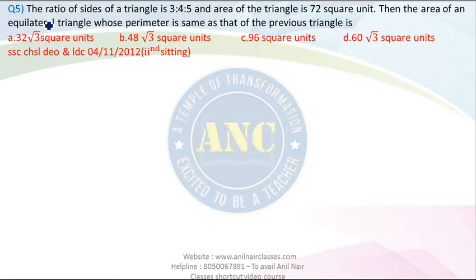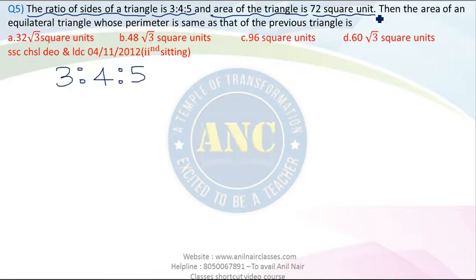Next question. The ratio of sides of a triangle is 3:4:5. That means the 3 sides are in the ratio 3:4:5. Can I say that 3, 4, 5 is nothing but a Pythagorean triplet? So this question belongs to a right angled triangle of 3, 4, 5 sides. Yes. The area of the triangle is 72 square units.